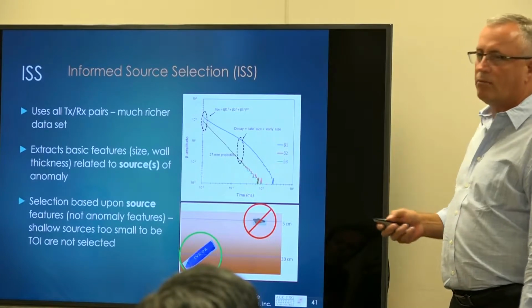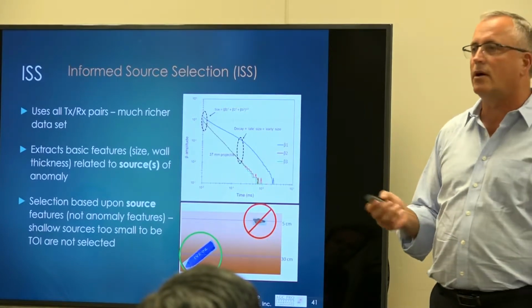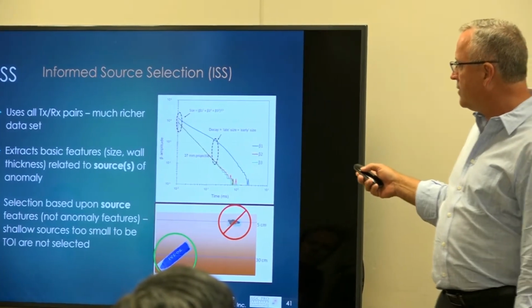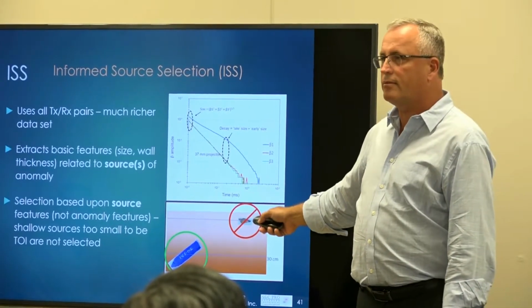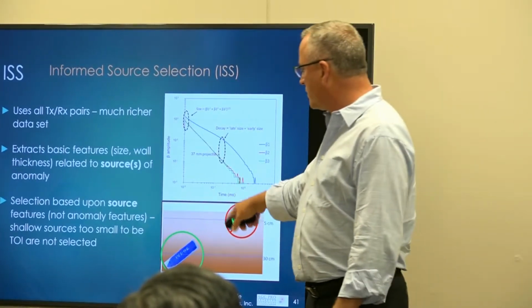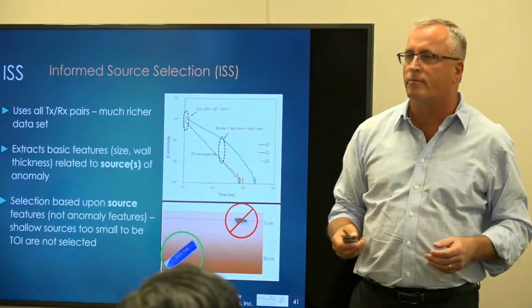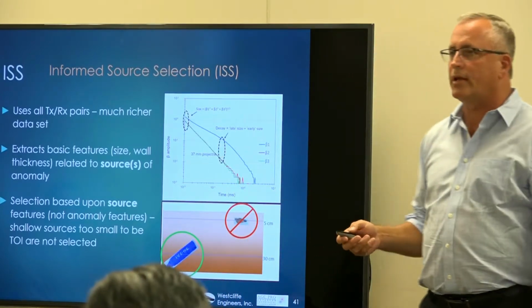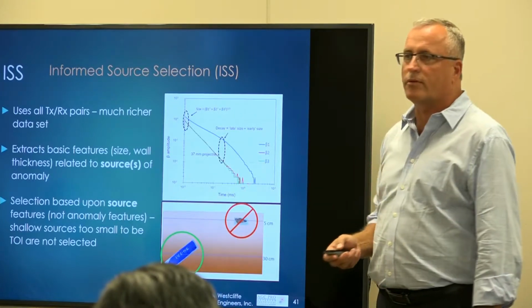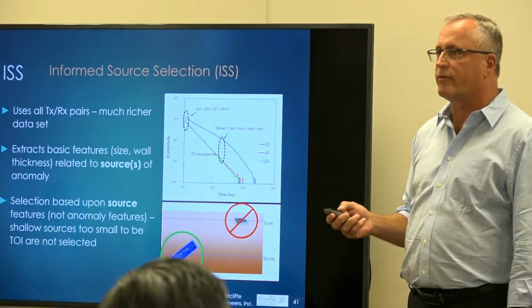They've found this to be relatively pretty successful. I don't know if I'd base a whole cleanup on doing that. You do it, and then you have to go for targets that you didn't get good inversion results for. You have to go and cue them with another technique. But certainly, it's a way to reduce the number of targets that you actually have to investigate after the fact.